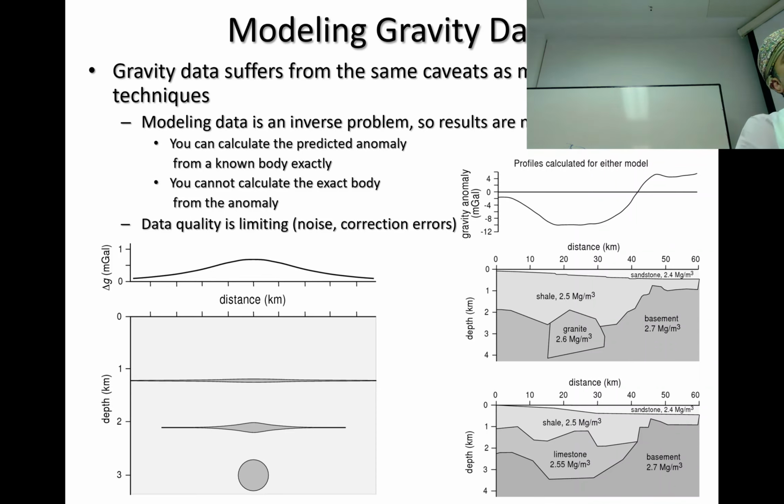Forward modeling is moving from a model to data. The inverse is having data, trying to guess a model. And these two things work together. So if you have this original data, you start building a model, assign each layer a density, and you know how the gravity equation works.